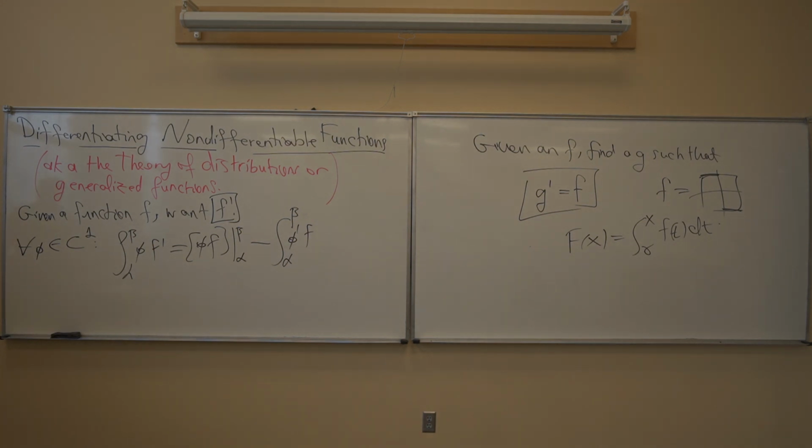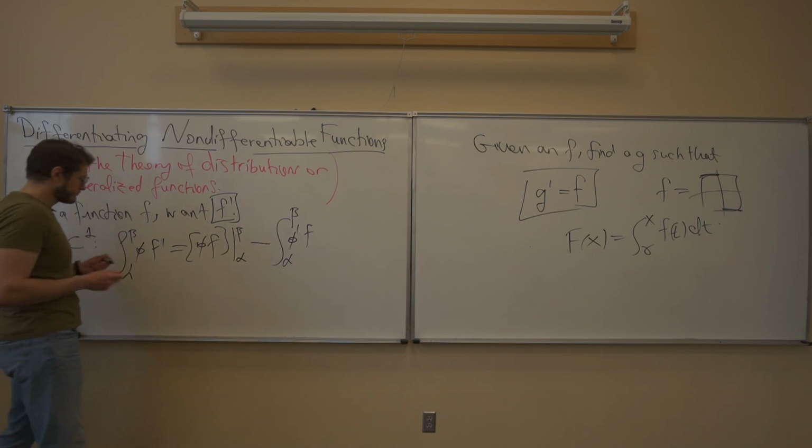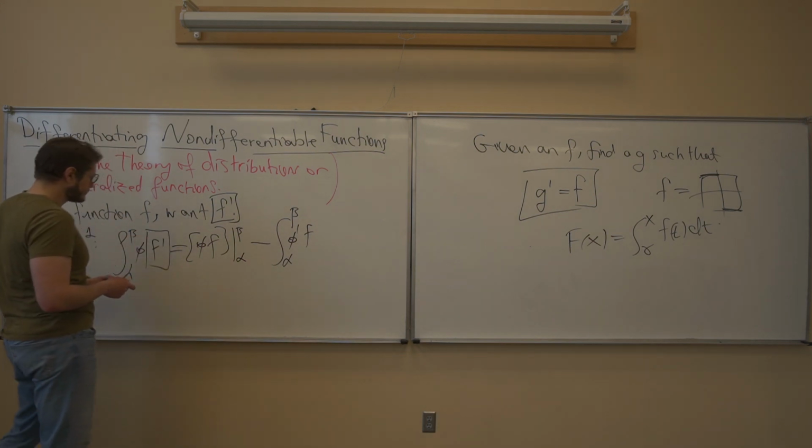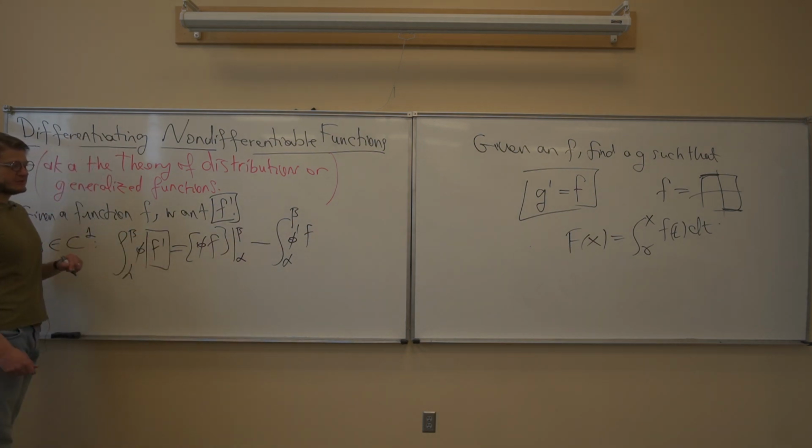Now, if f prime is not well defined, obviously this doesn't make any sense, right? But the key idea here is that even though quite possibly f prime doesn't make sense, which means that the left-hand side doesn't make sense, the right-hand side makes perfect sense.